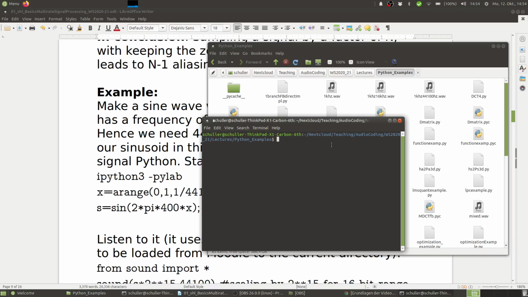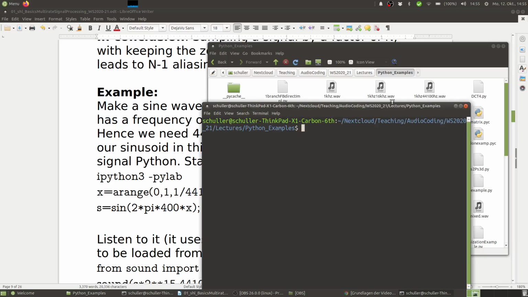So you can download Ubuntu from Ubuntu's website, burn it on a USB drive, and then start your laptop from this USB drive by setting the start option of your computer to the USB drive, and then it starts from the USB drive in Ubuntu and lets you install Ubuntu. Right, and in this way you can do all the work. And this works best because sooner or later with Windows you would get into trouble because some modules are not available or don't install. So that's much easier done with Linux and Ubuntu.